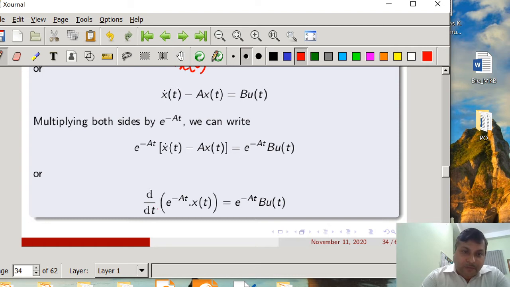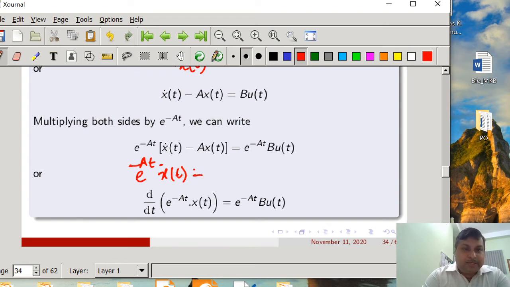You can verify this if you take the first derivative of these two terms. If you keep e to the power minus at fixed, you get x dot of t.